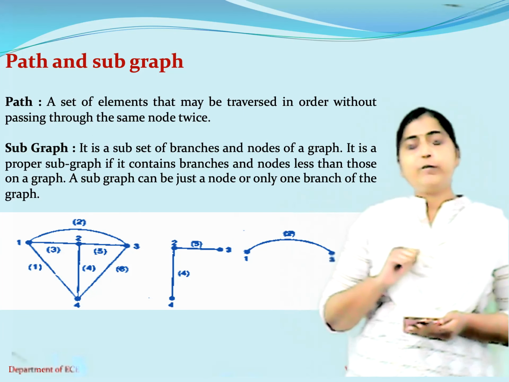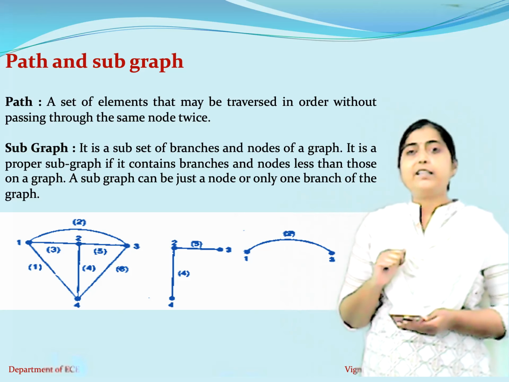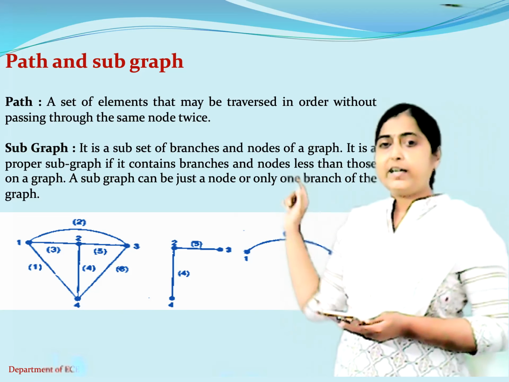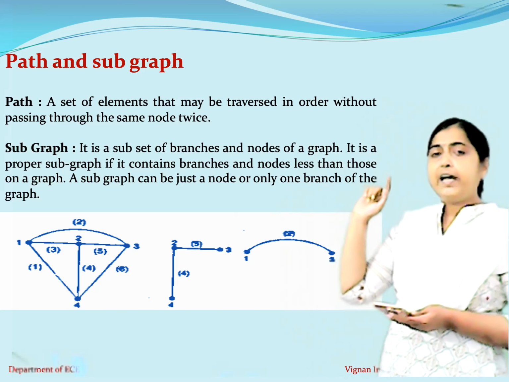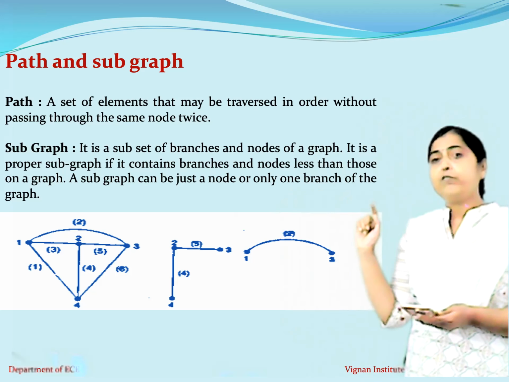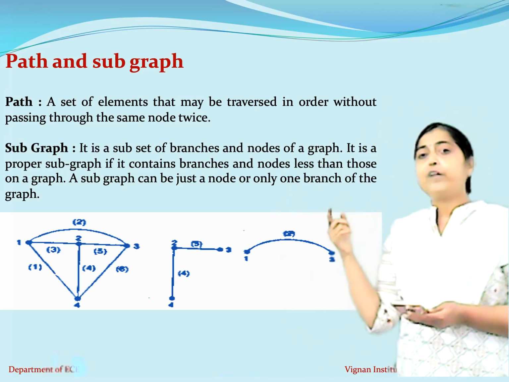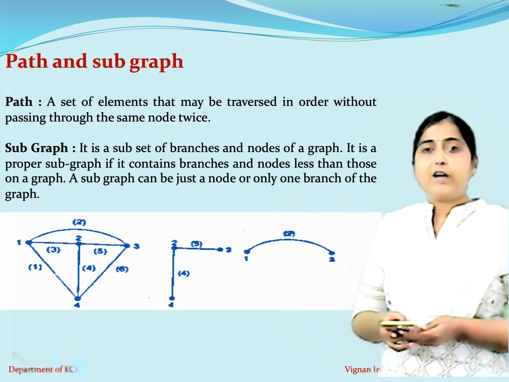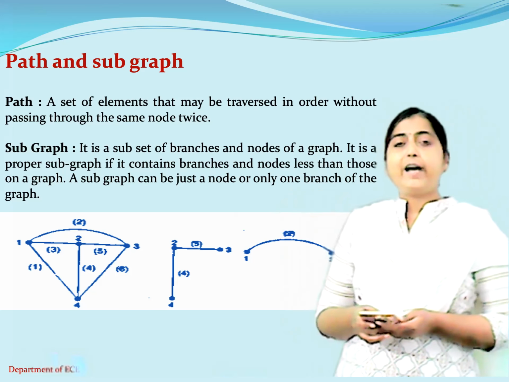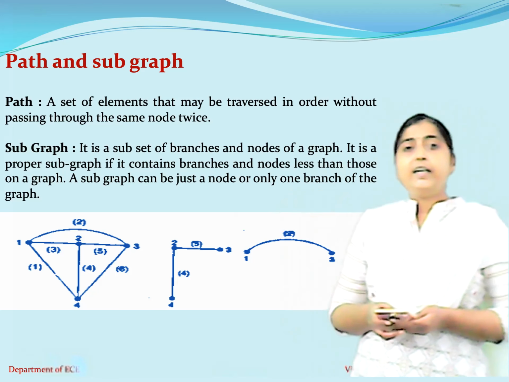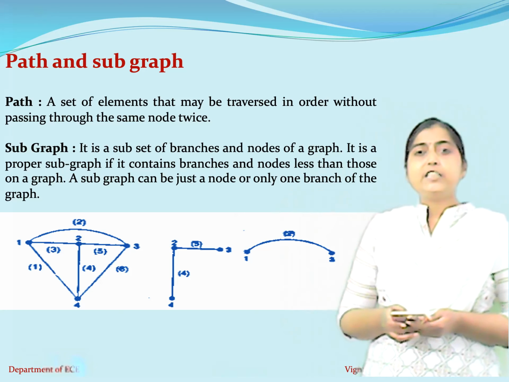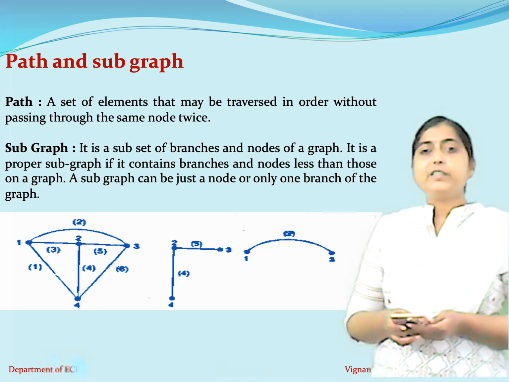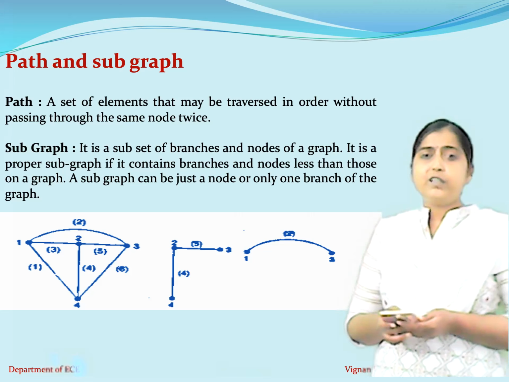A subgraph consists of branches and nodes of a graph, and it is a proper subgraph if it contains branches and nodes less than those on the graph. So a subgraph can be just a node or only one branch of the graph.